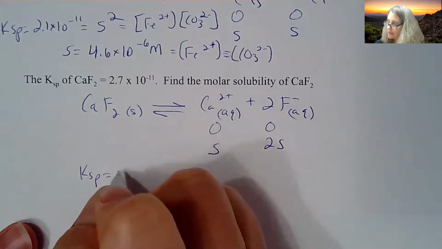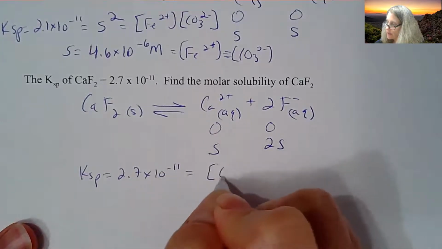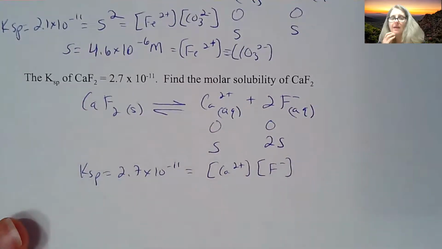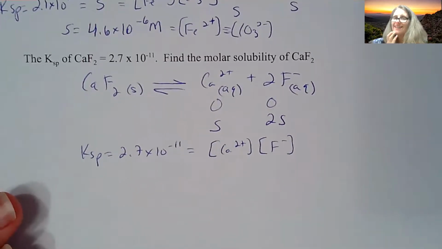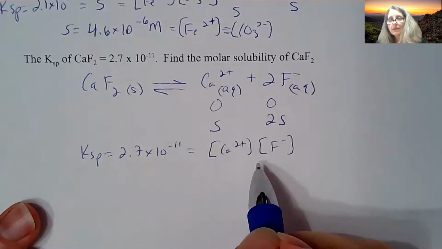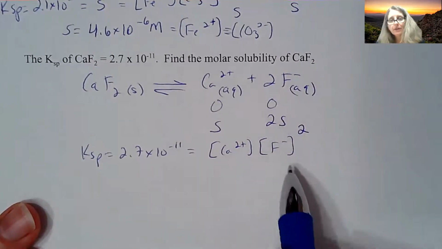So KSP is equal to 2.7 times 10 to the negative 11 is equal to the calcium ions multiplied by the fluoride ions. And this is where it feels redundant a little bit, okay, just a little bit. If I were just writing the KSP expression, the K expression, I would put a 2 on the outside here.